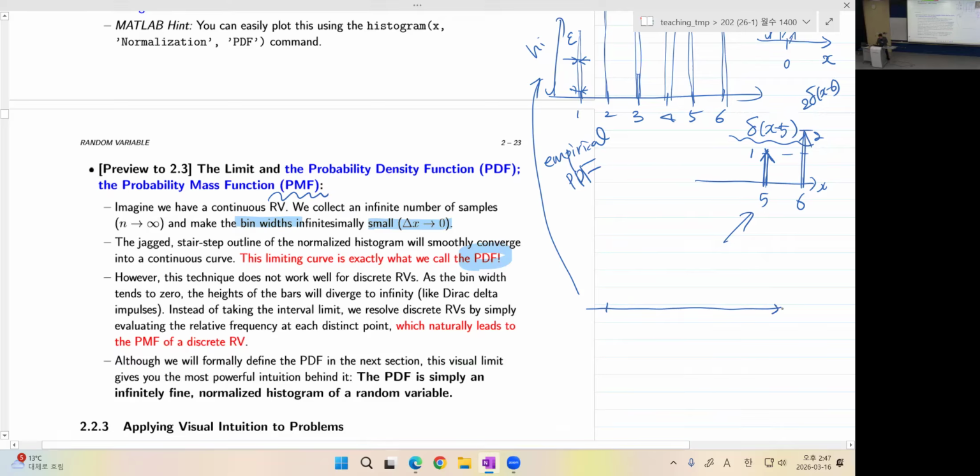But here is a more appealing thing for the discrete case. You just put lines with height, for example, 1/6 when you have a fair die, and you may call this a function. Of course, this is a function.